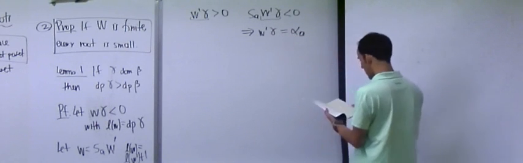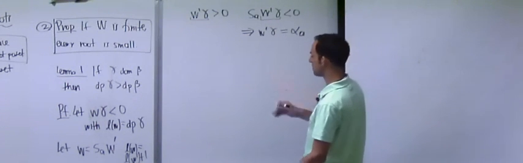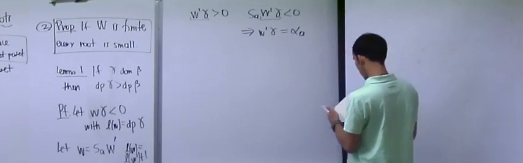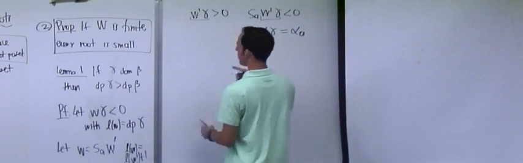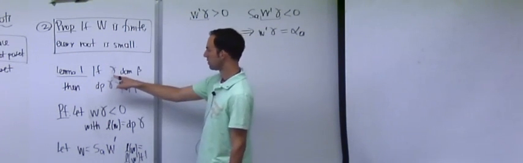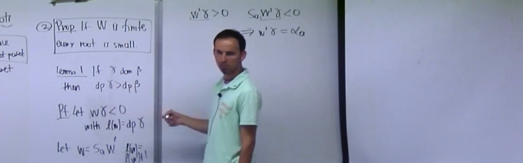Now, what I want to do then is say that beta cannot have the same situation. So gamma dominates beta, right? So, because gamma dominates beta and W gamma is less than 0, that means W beta is also less than 0.